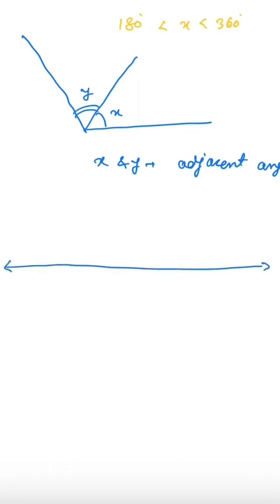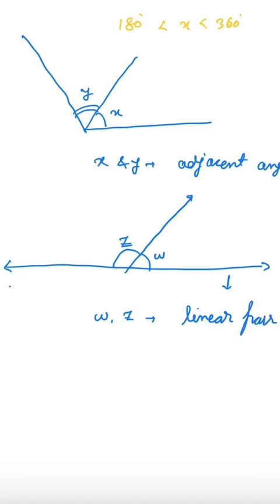Suppose we have a straight line, we have a ray over it. Let's say this angle is W and this angle is G. If this is a straight line, W and G, they are known as a linear pair of angles.